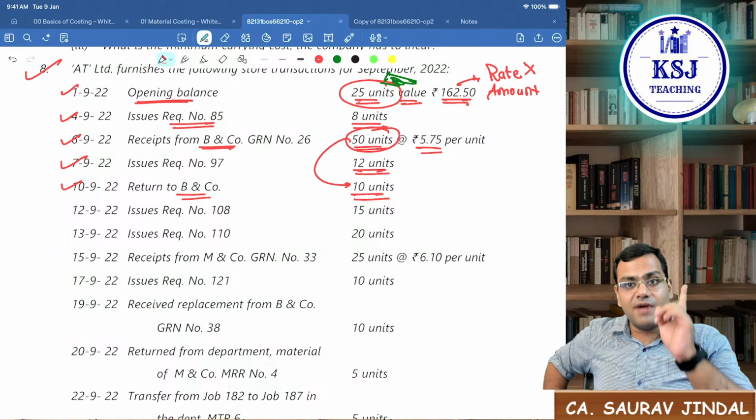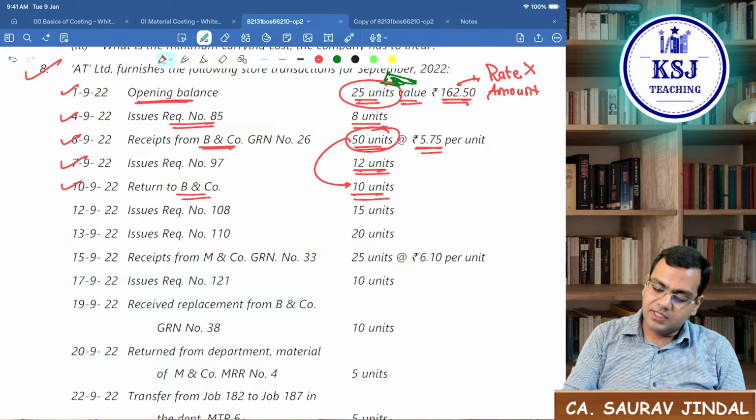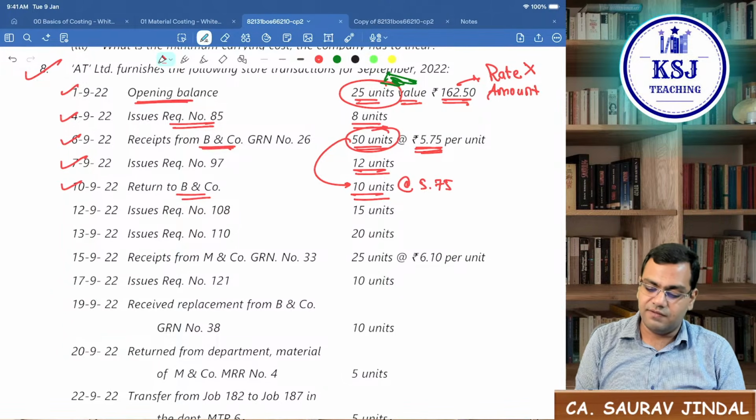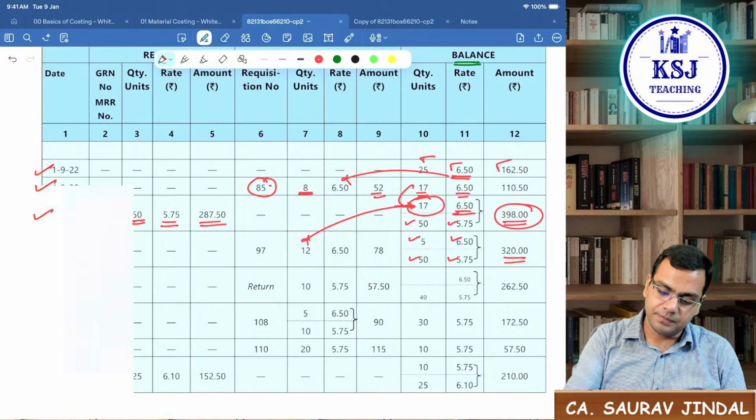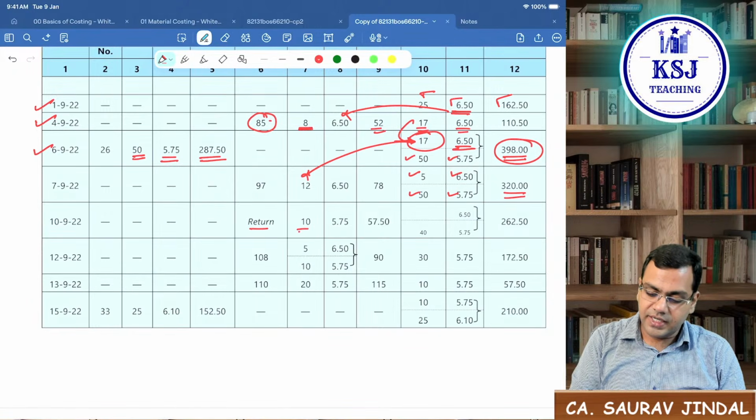In that case, the valuation is to be done at the rate at which it was received from the supplier. So the rate at which it was received is 5.75. So this will be valued at 5.75. And where will you record it? We will record it in the issue column. Return 10 units at what rate?